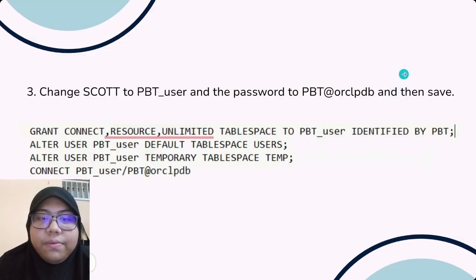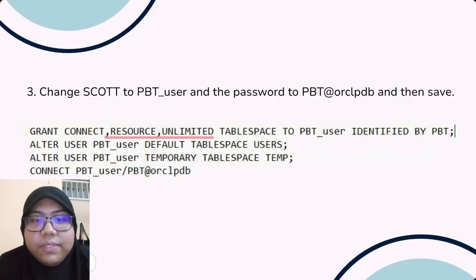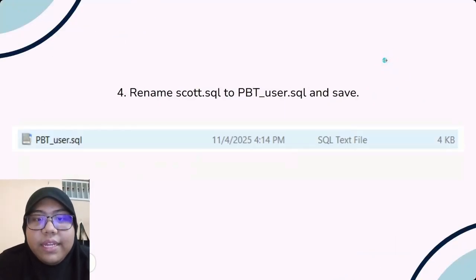And then once you open it, you need to change Scott to PBT user, and then the password to PBT at ORCLPDB, and then you save it. And then after you're done with that, we're renaming Scott SQL to PBT underscore user SQL, and then we save it.